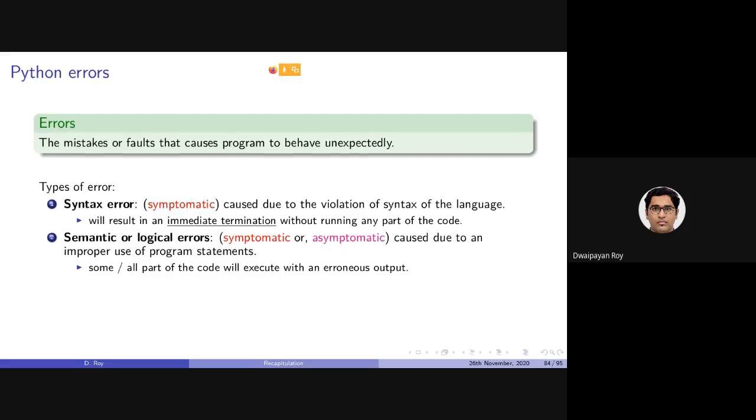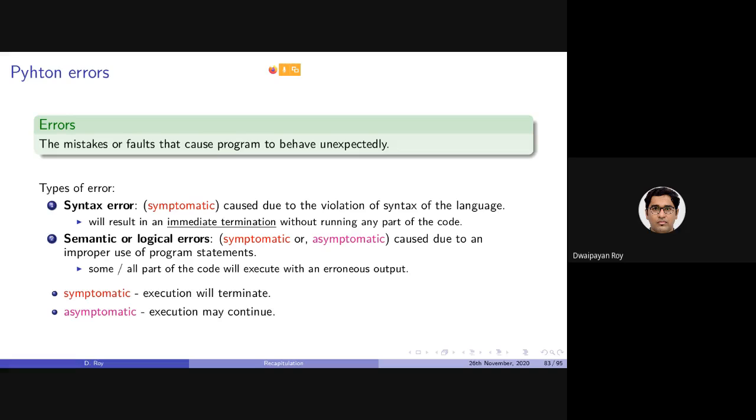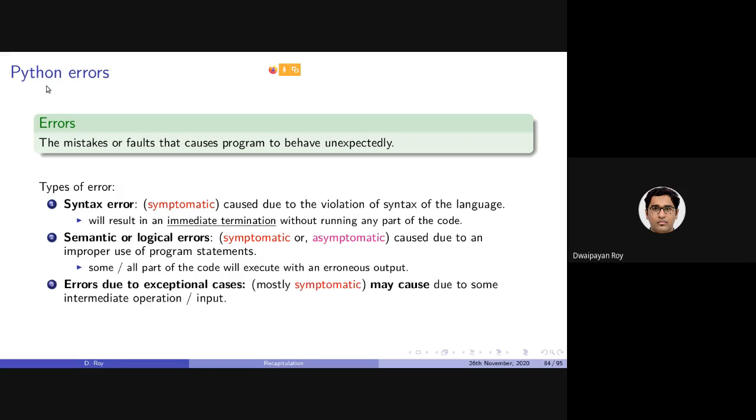Then we discussed exceptions. Apology for my typo here. Exceptions are runtime errors which can happen due to erroneous inputs or erroneous statements encountered during execution of the code. As you have seen, a code can work flawlessly for some input, and for some other input it can cause an error.